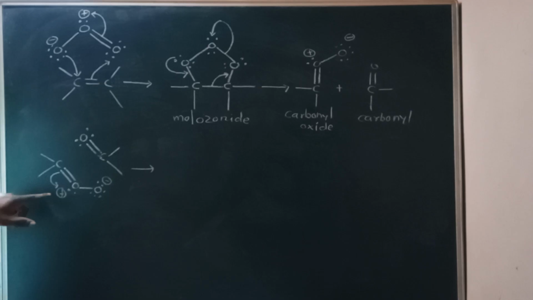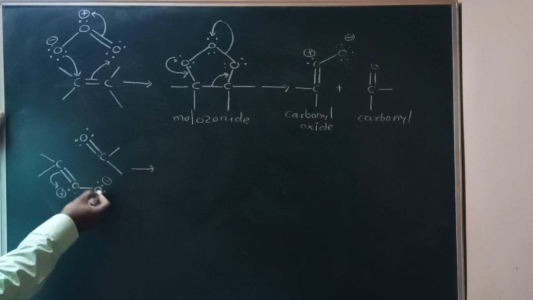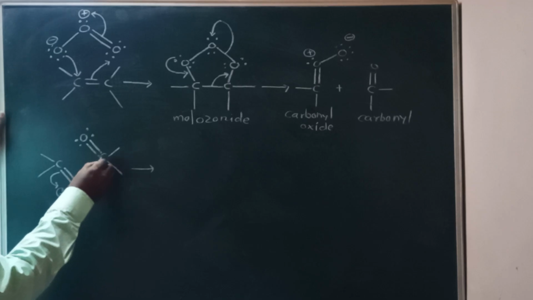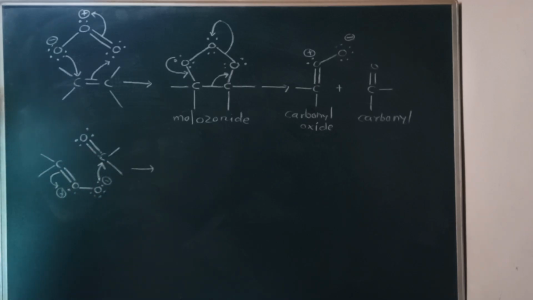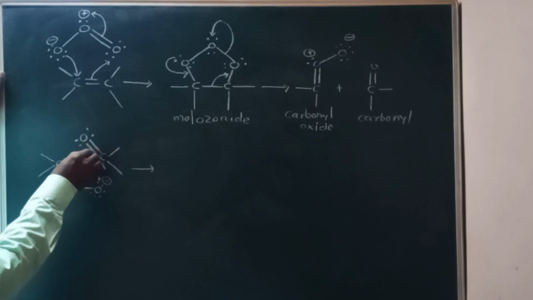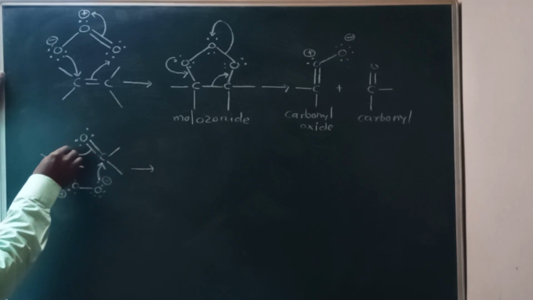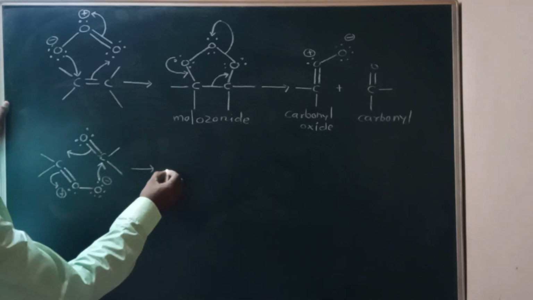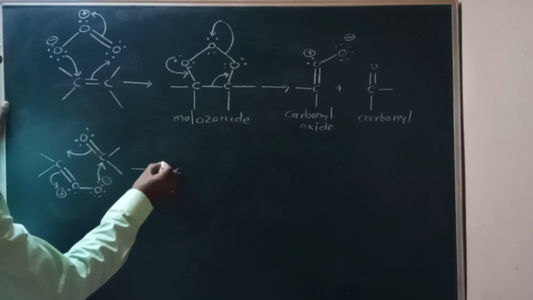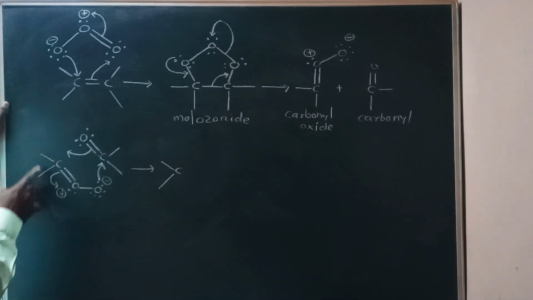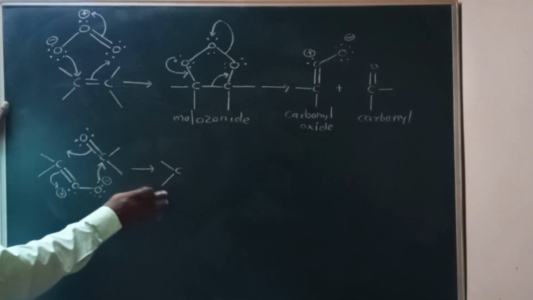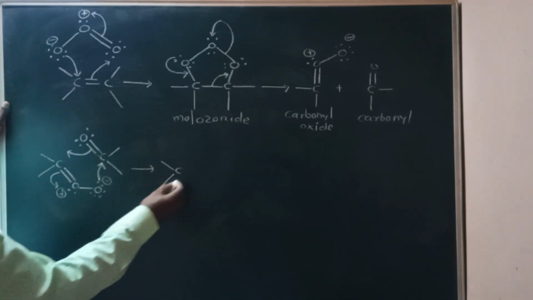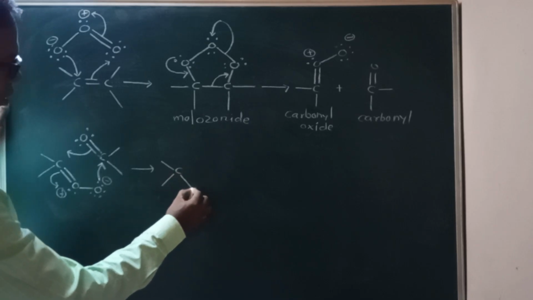So this positive charge gets neutralized, and at the same time, this negative charge, which indicates the presence of an extra electron pair, this one extra electron pair of this oxygen is given to that carbon, and then this electron pair is shifted in between this carbon and oxygen, so that here is a formation of a new carbon oxygen bond, giving this type of compound: carbon, then dash. These two represent two valencies of carbon. Now this double bond converts into a single bond.